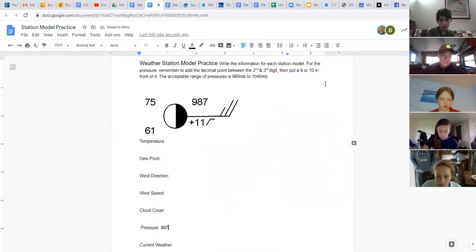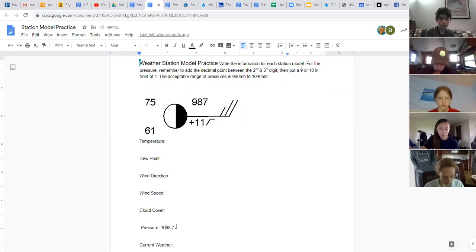The directions say, for the pressure, remember to add a decimal point between the second and third digit. So I'm going to go down to 987, and I'm going to add a decimal point between the second and third value. And then it says to put a 9 or a 10 in front of it, and it's got to land somewhere between 960 and 1040 millibars.